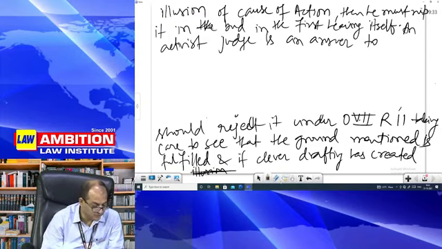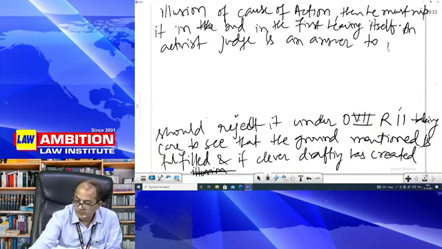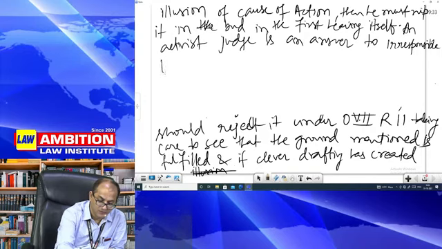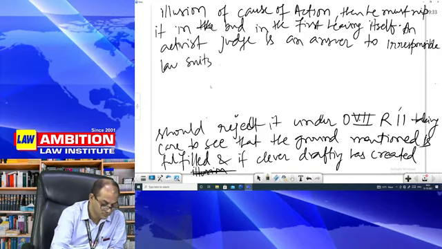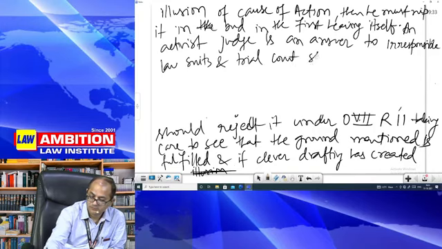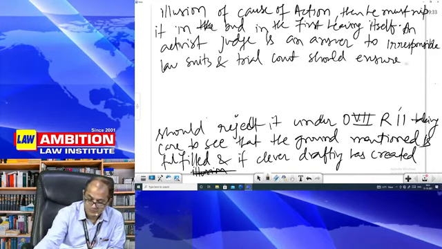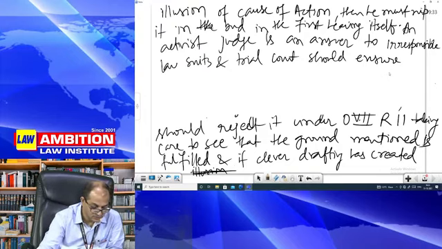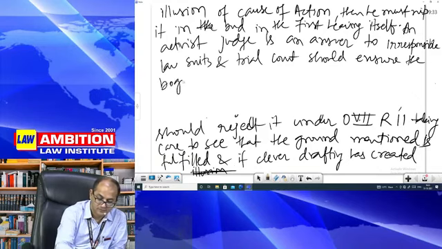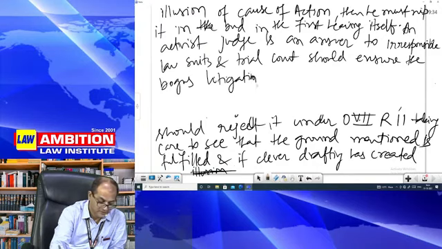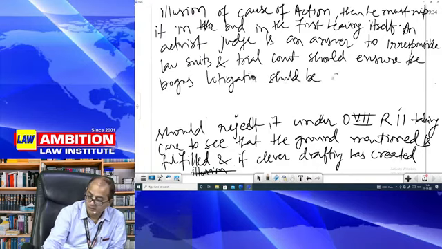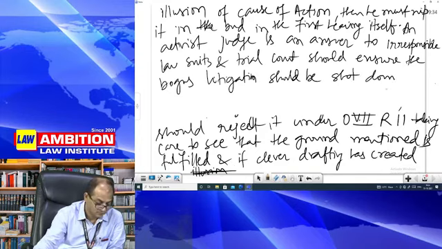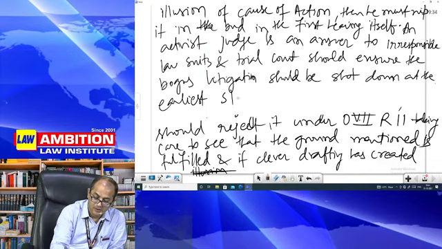So an activist judge is an answer to irresponsible lawsuits, and the trial court should ensure that bogus litigation should be shot down at the earliest stage.